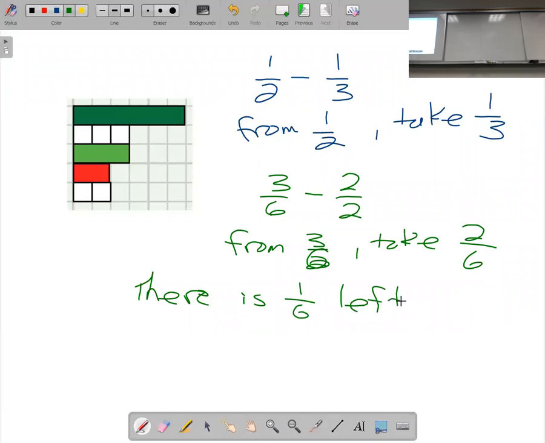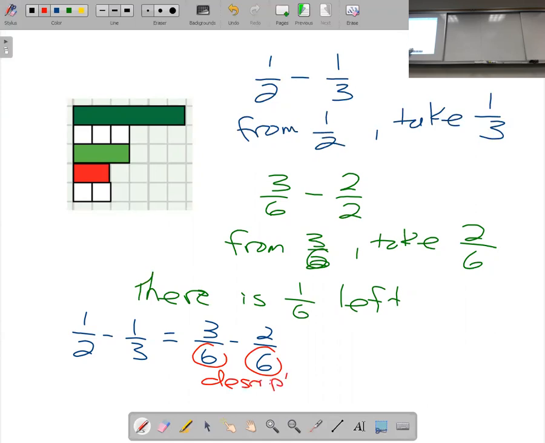Now, as far as the mechanics of kind of an algorithm, which we need to approach next after we do a few more examples for addition and subtraction, we had 1/2 minus 1/3. And based on the toys, we rewrote that as 3/6 minus 2/6. And remember, the 6, the denominators, they're just a description. What do the numerators mean?